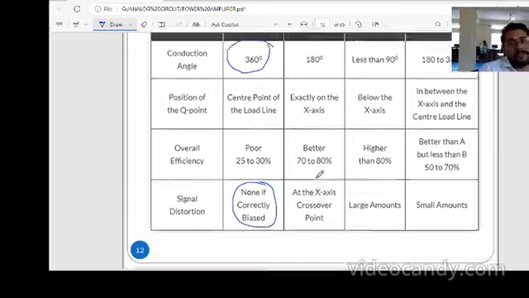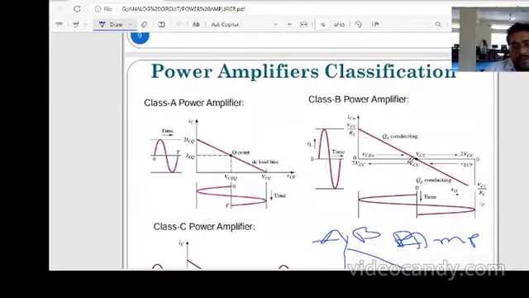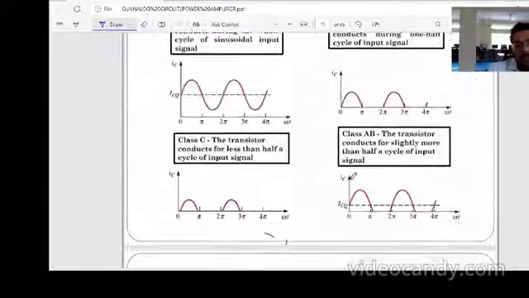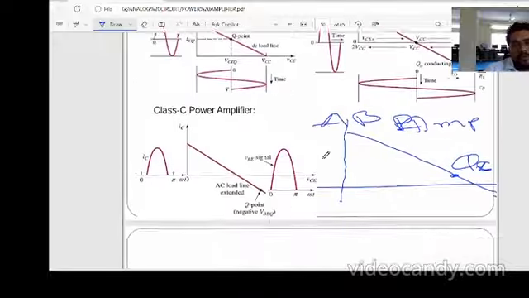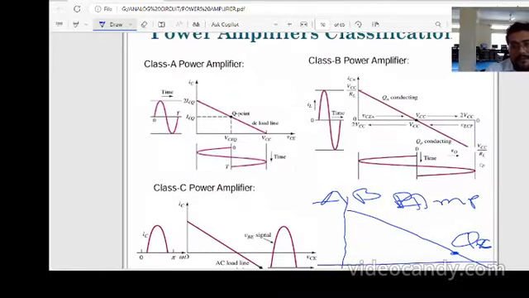Some crossover distortion appears in the output, looking like this.